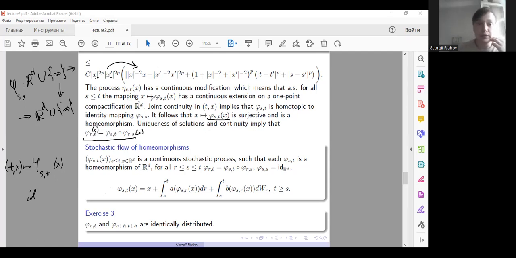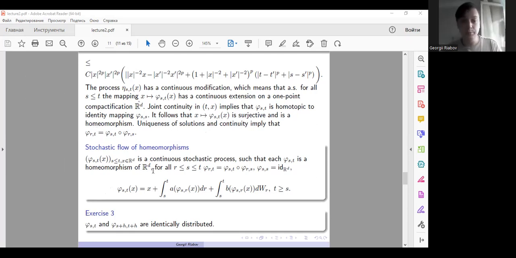As a consequence, we proved that to the stochastic differential equation of this form, there corresponds a stochastic flow of homeomorphisms, which is a continuous process of solutions of the equation that are homeomorphic in x and form a flow in this sense.